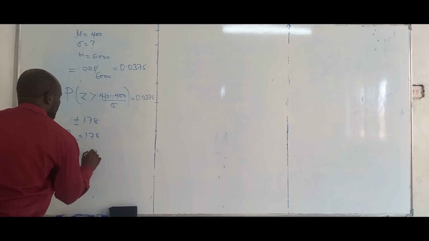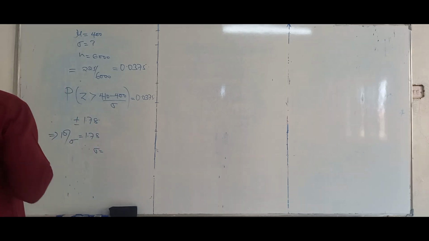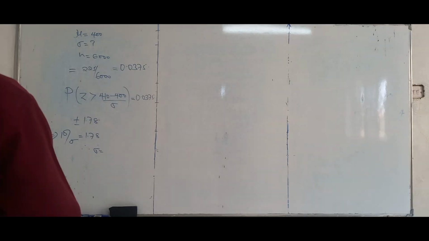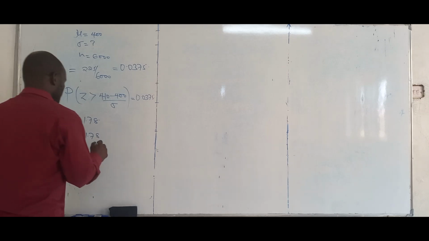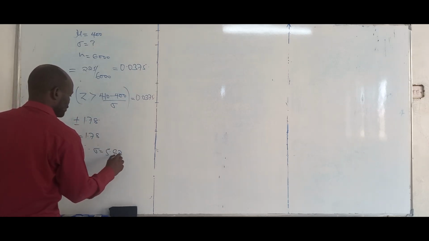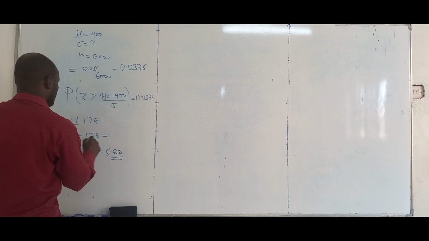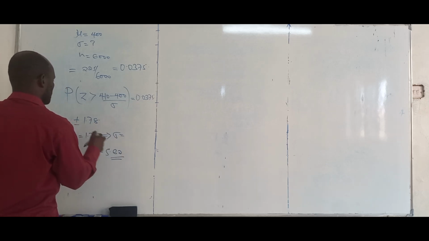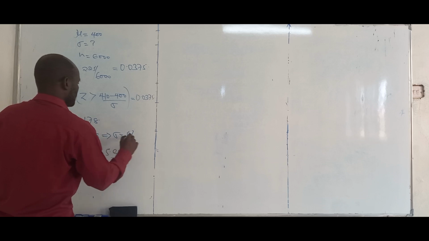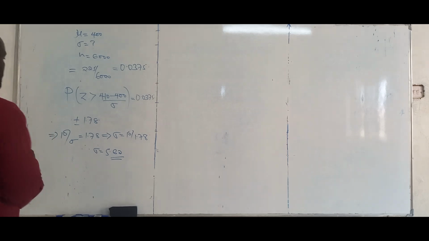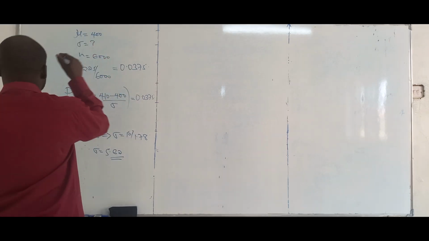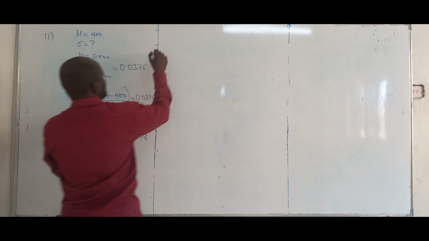Therefore, the standard deviation is 10 divided by 1.78, which gives us 5.62. 5.62 as the standard deviation. So that's Roman 1.